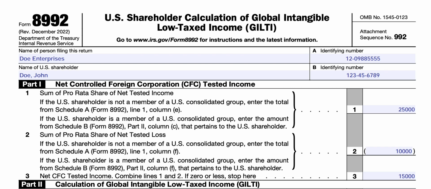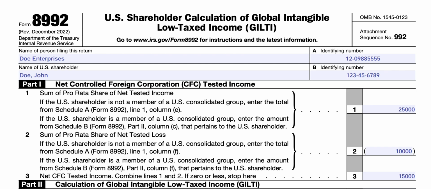So in order to address that issue, the Internal Revenue Service created IRS Form 8992 to help people calculate whether or not their income is subject to being classified as global intangible low taxed income, and then be able to calculate the amount of additional income that they put on their tax return.